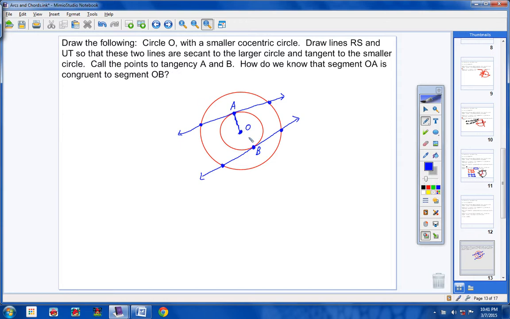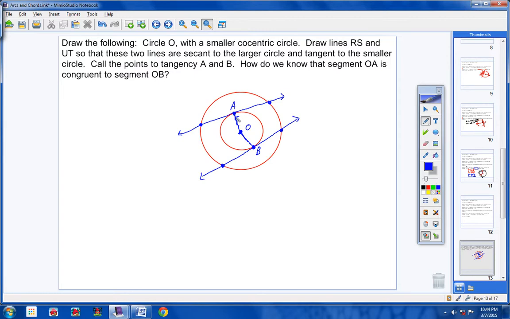Well, students, we know this for a very simple reason. Watch this carefully. Remember, if this is a point of tangency, we learned that this line here has to be perpendicular to this line here, and this line here has to be perpendicular to this line here.